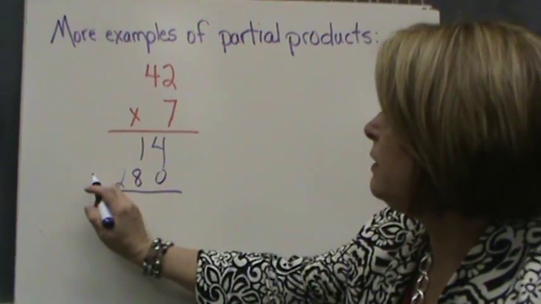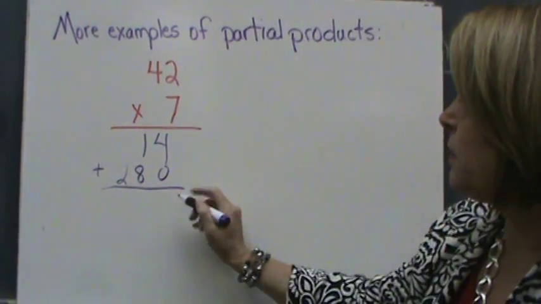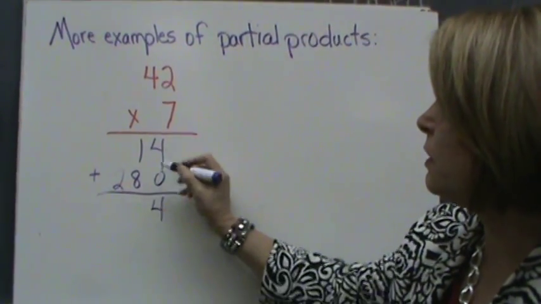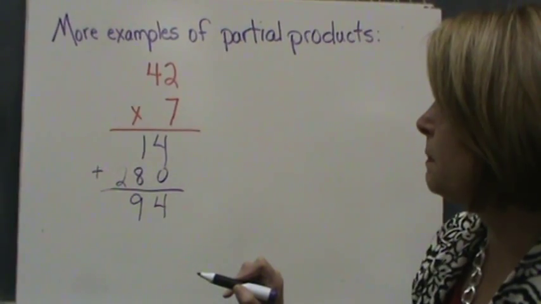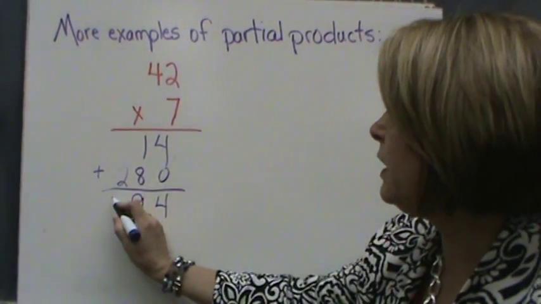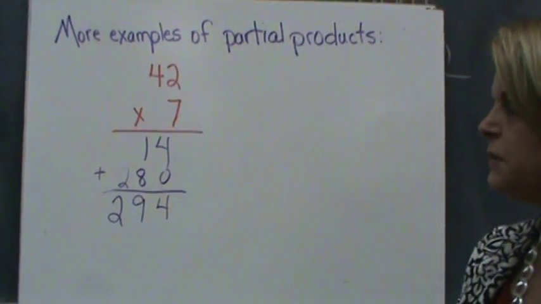Then I'm going to add 4 plus 0 is 4. 8 plus 1 is 9. And then I'm going to bring down my 2.